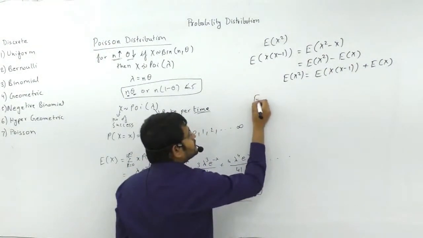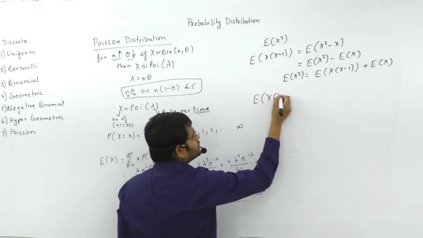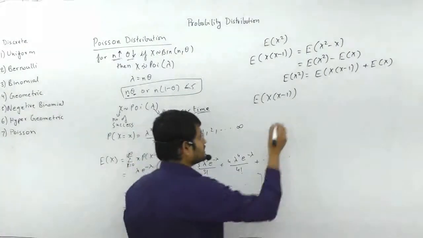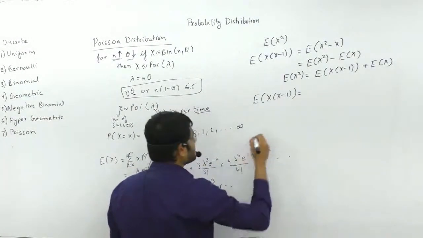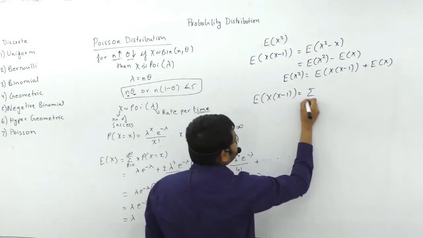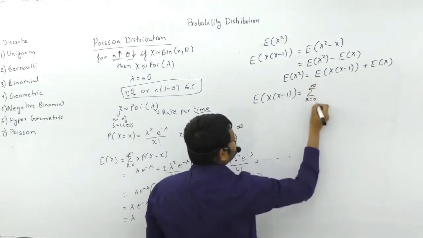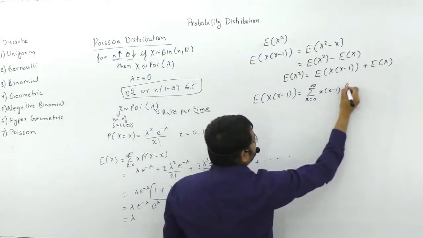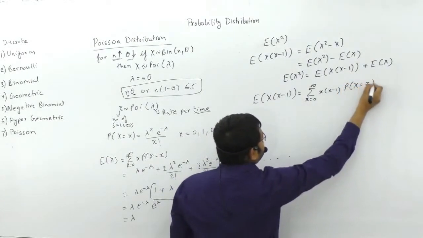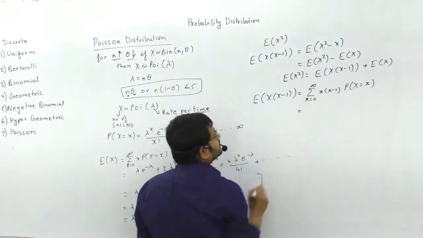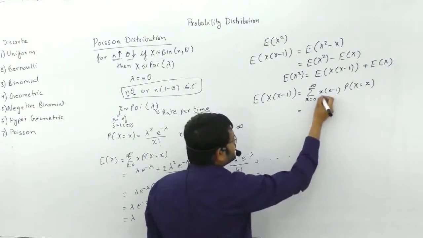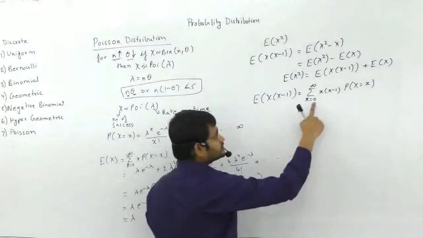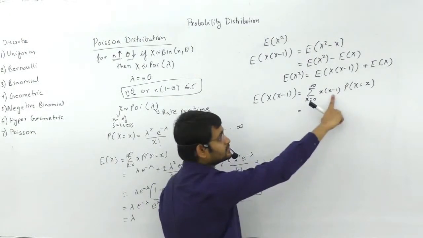So why do we need E of x into x minus 1? Because it is easier to solve this particular way. We'll just write it down. That would be nothing but summation from x equals 0 to infinity of x into x minus 1 into probability X equals x. For x equals 0, this term is 0. For x equals 1, this term is 0.